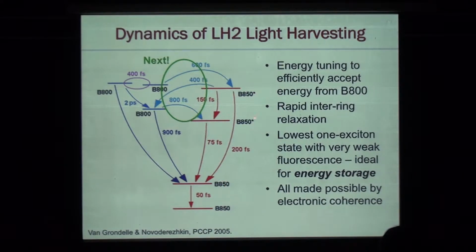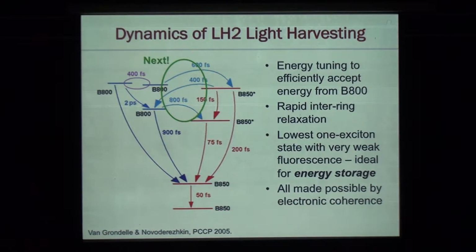You have this energy span because of strong coupling between them, because of delocalization of the excitations. So coherent delocalization of quantum excitations is very important to have this kind of energy landscape and to have energy funnel through those pathways.